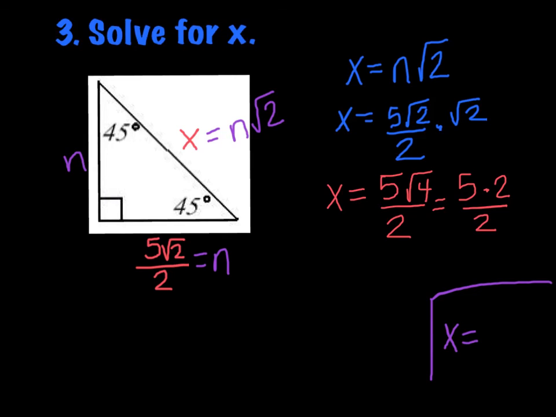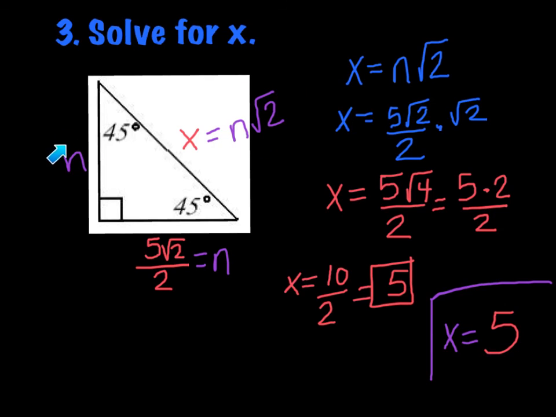Let's keep going. Okay, that's going to give us 10 over 2, which is just 5. So we solved for x. X is 5. So that one just takes a little more work, but if you have the template, if you know what to put here, the problems aren't that bad.